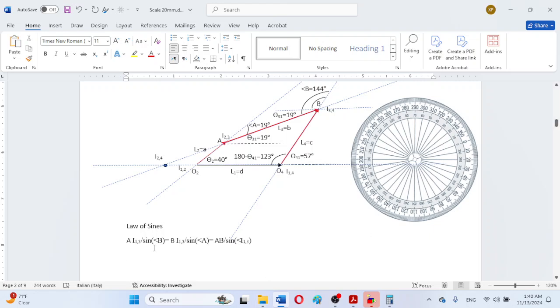By inputting the terms, the law of sines will be giving the value.